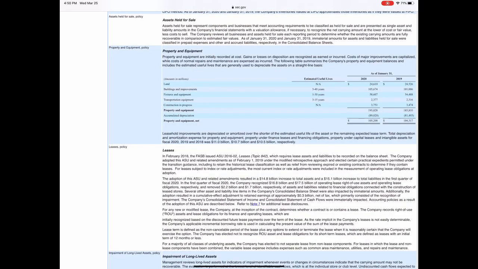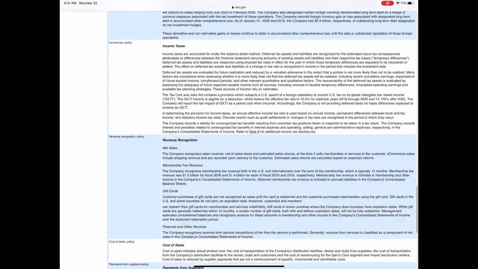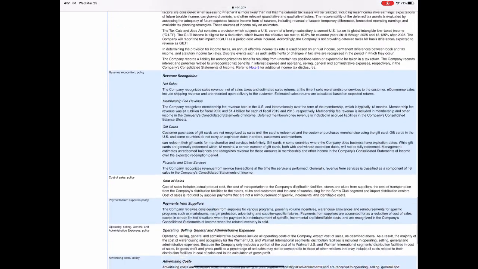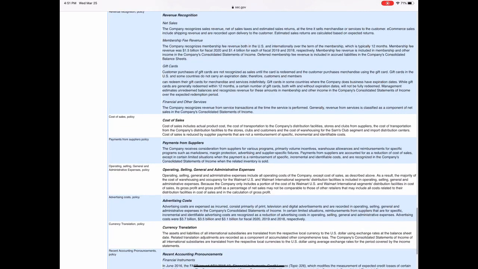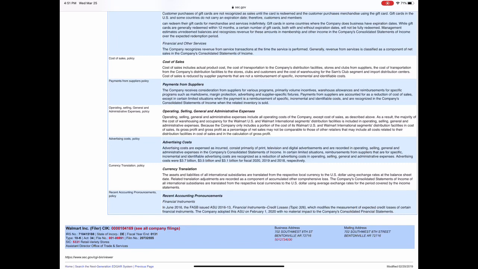And this is property and equipment, how they estimate their depreciation expense. This is about income tax, revenue recognition, cost of sales, advertising costs, and operating, selling, general, and administrative expenses policy. Okay, please read your firm's notes.